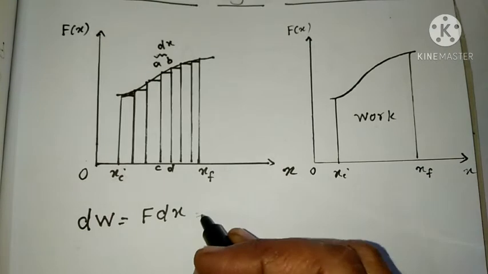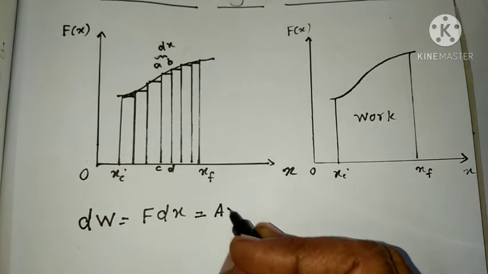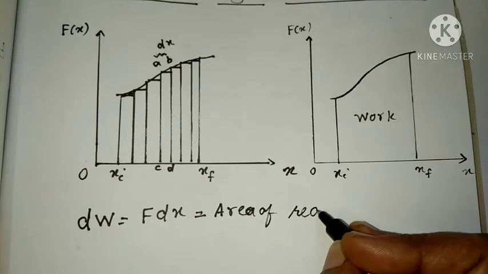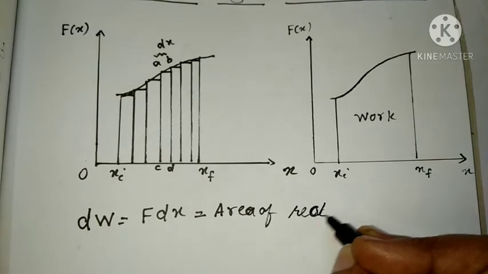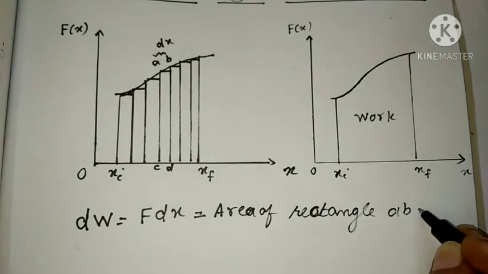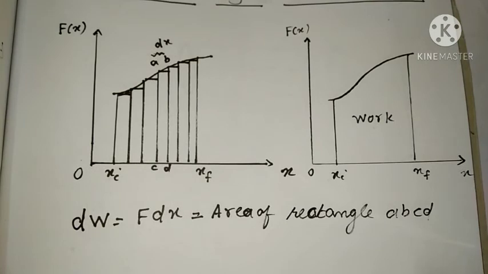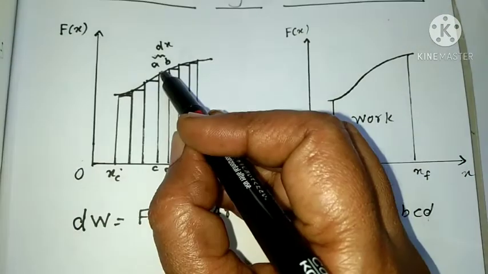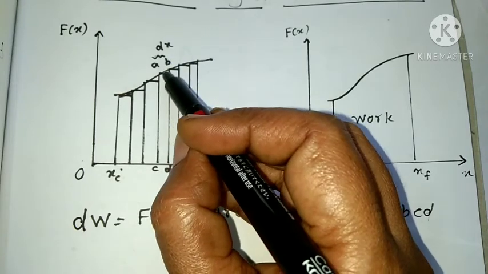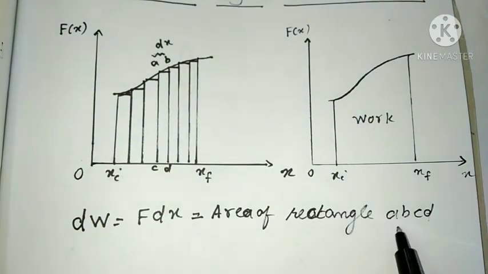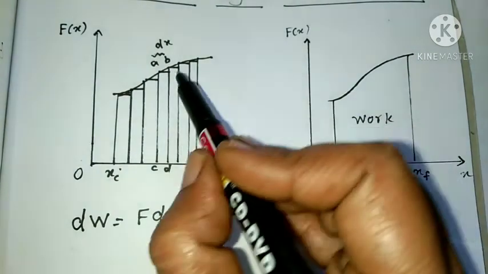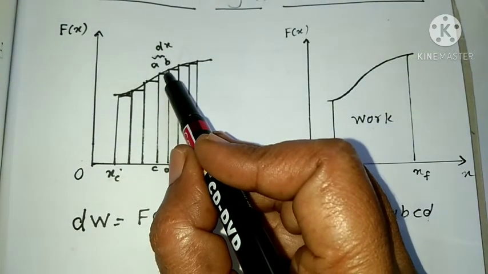So we can write F into dx equal to the area of the rectangle ABCD, which lies under this small curve dx.